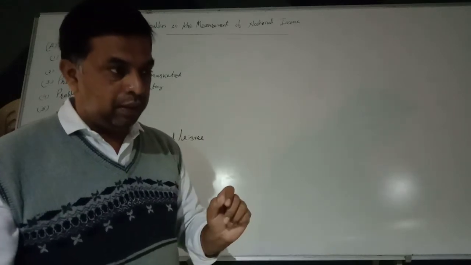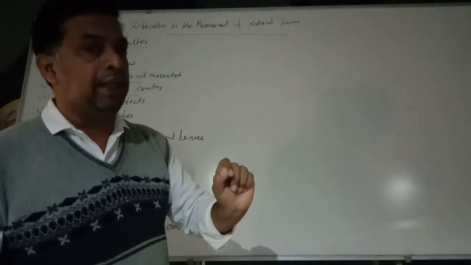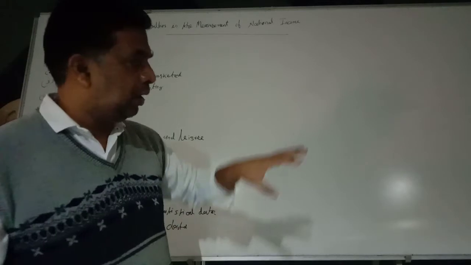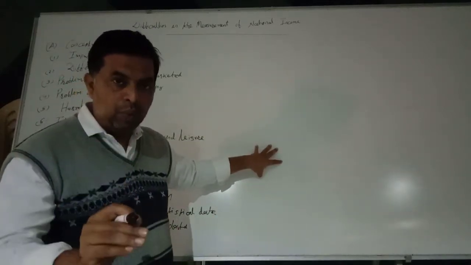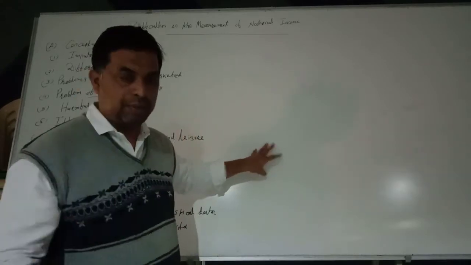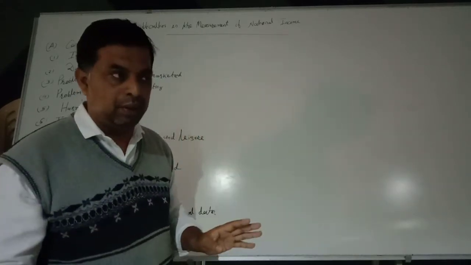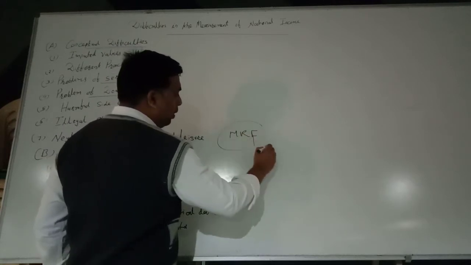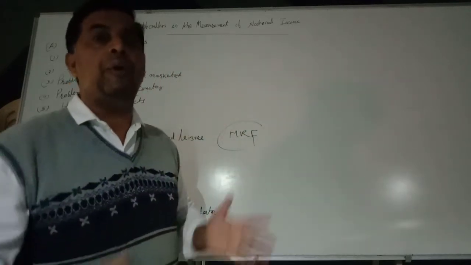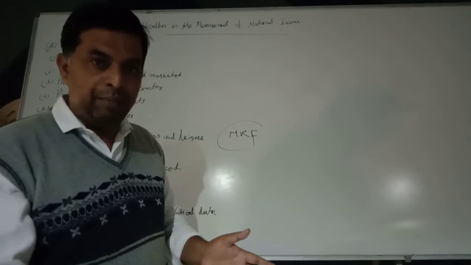For example, MRF tires. Suppose Maruti Suzuki company uses MRF tires. Okay, just for example. For MRF, the tire is what? It is a final product.